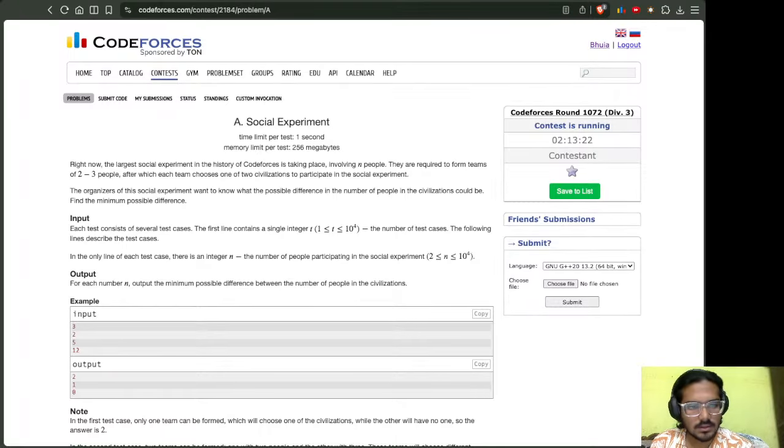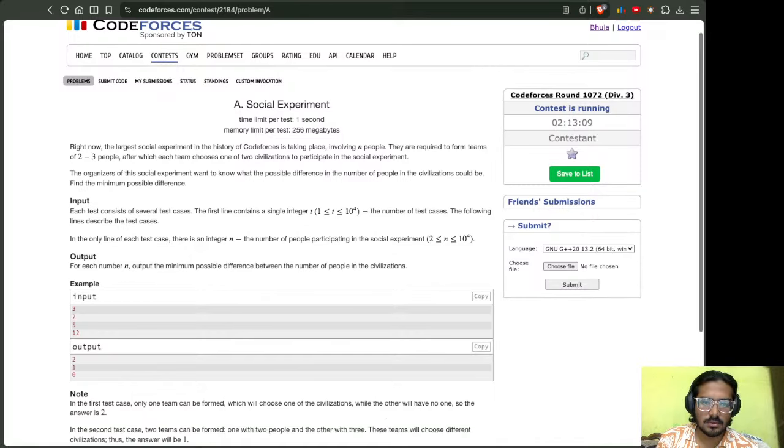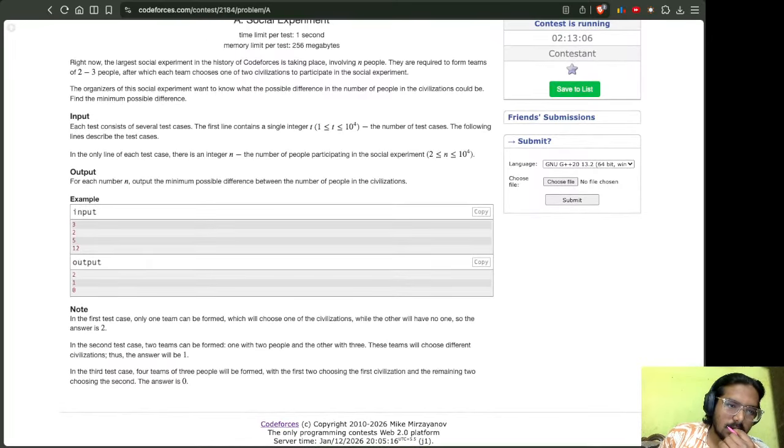Okay, 3 test cases. N up to 10 to the power 4. Great, N square is possible. That means the minimum difference between the number of people in the civilization. 3, 2, 5, 12.